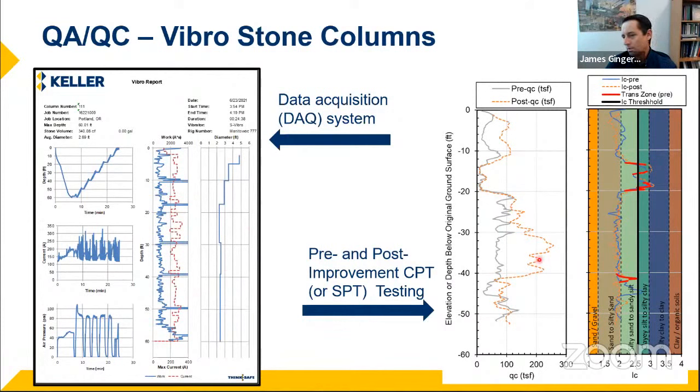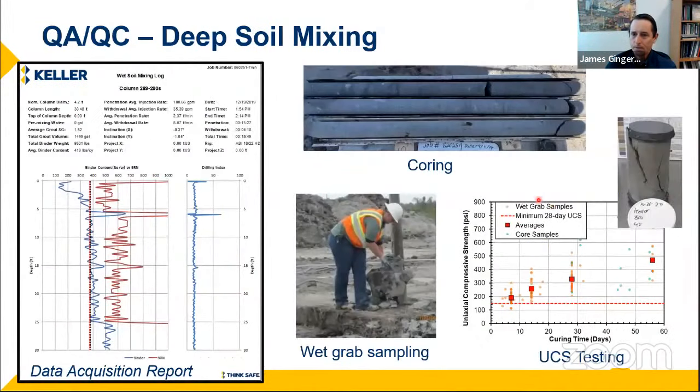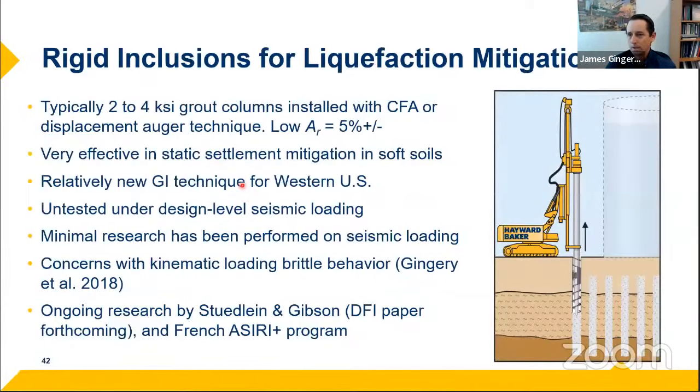And then we need to measure the post-improvement tip resistance or SPT blow count after the work is done to make sure that we get the densification that we were expecting and relying on in the design. With DSM, we're talking about taking grab samples, doing coring to check the quality of the cores, doing compression testing, and making sure we meet all those parameters.